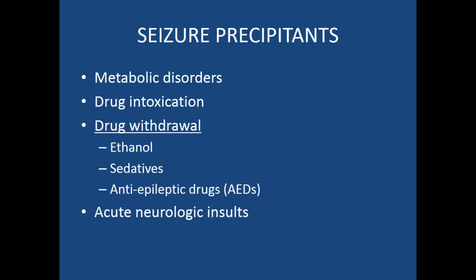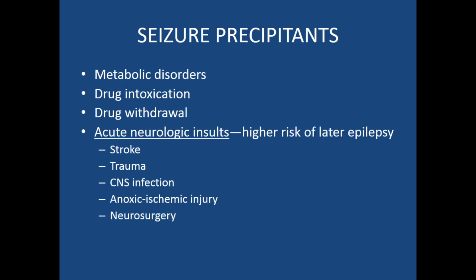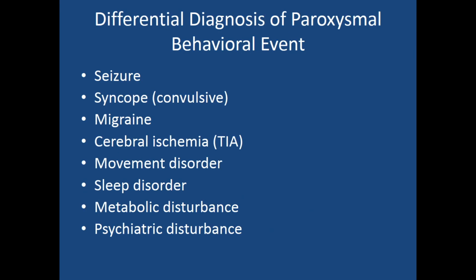Patients may have drug withdrawal, such as ethanol or alcohol withdrawal or other anti-epileptic drug withdrawal. And acute neurological insults such as stroke, trauma, CNS infection, anoxic brain injury, or neurosurgical procedures.